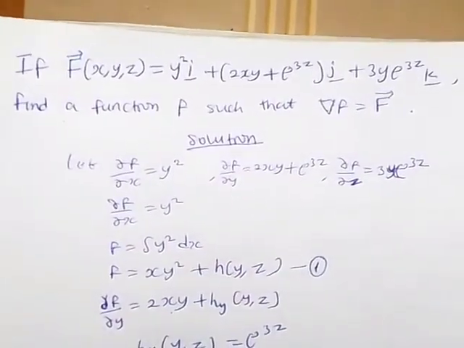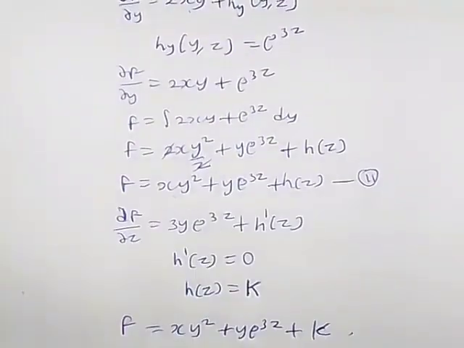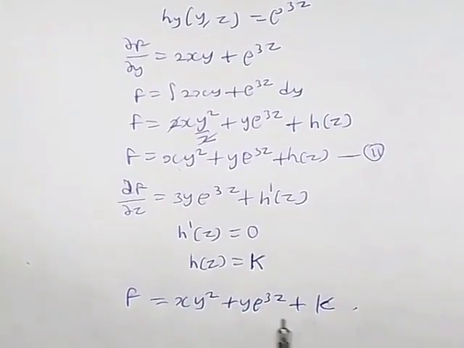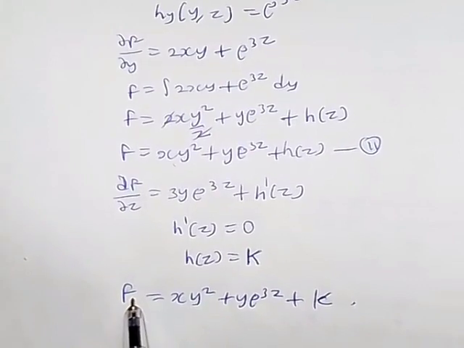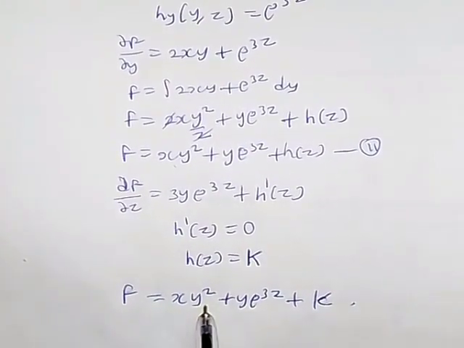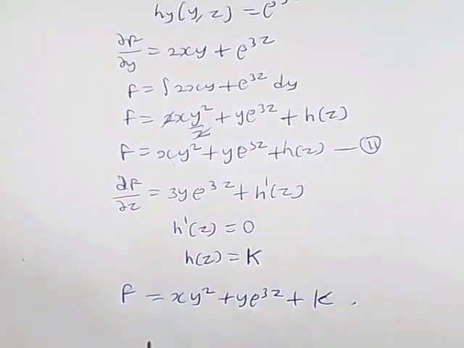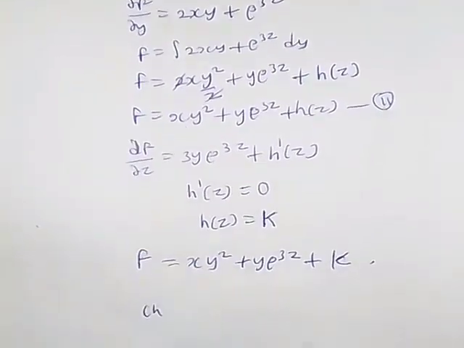So let's do it. This is simply the final answer, but let me show you. When we take the gradient of f, let's say we take it with respect to x first. So let me just write check.